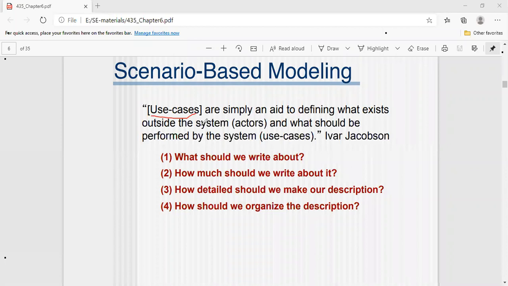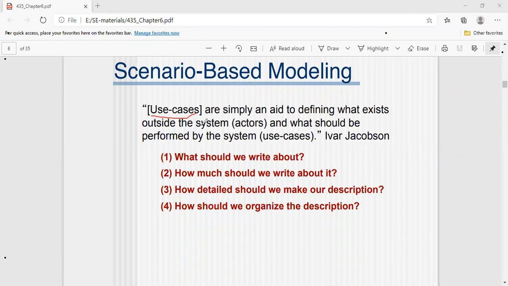What is that customer's role in that ATM project? If we implement that ATM project, who are the end users? Customers who have a bank account in that particular bank. Those customers may interact with this ATM, so a customer is called an actor here.